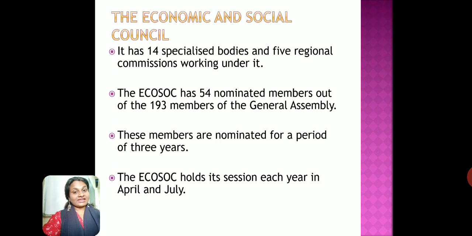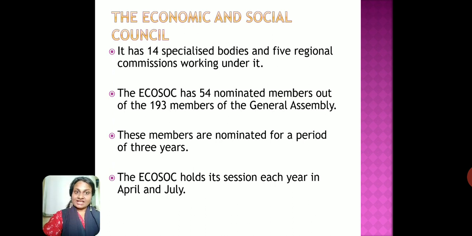Now in the ECOSOC there are 14 specialized bodies. How many specialized bodies are there in the ECOSOC? 14 specialized bodies, and there are 5 regional commissions working under it. That means there are 14 branches of the ECOSOC which take care of different aspects of improving the standard of living of people, the human rights issues, the environmental issues, the economic issues.